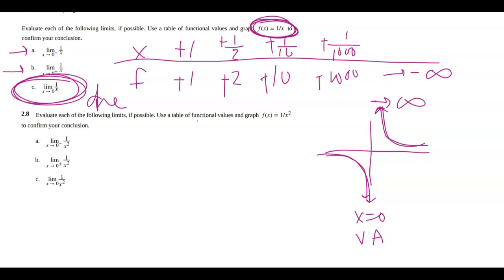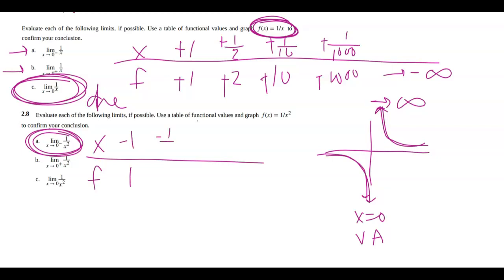In this next example, you're squaring those negative numbers, so let's look at a table. So -1, you plug that in, you square it, you get a +1. You plug in -1/2, square it, reciprocal, we get 4.